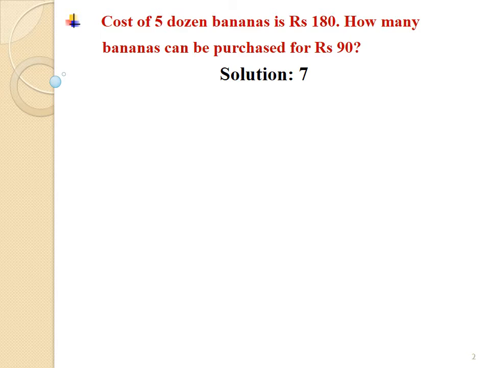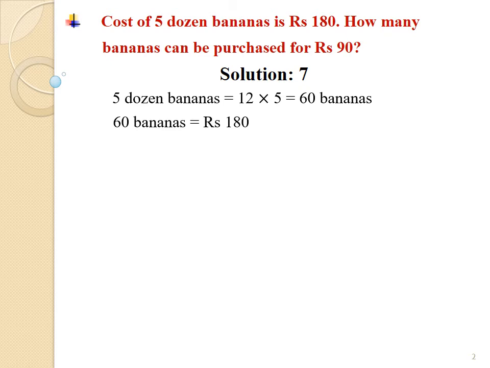So now let us solve sum number 7. 5 dozen bananas equals 12 into 5 equals 60 bananas. 60 bananas equals rupees 180. So 1 banana equals how much?